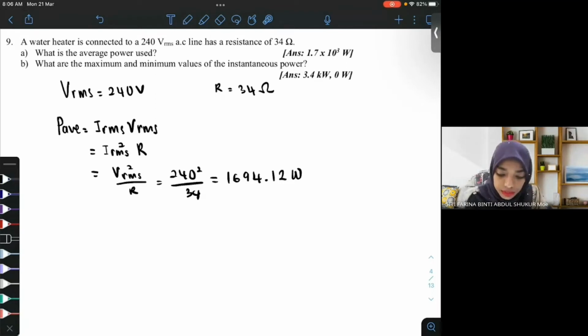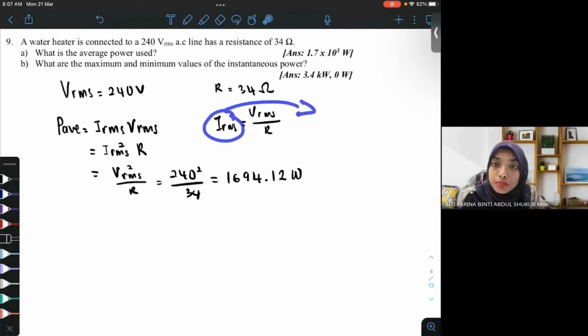Above, they actually rounded it off to 1700 watt. But I encourage you to use the answer you get from the calculator, because when we round off we get this one. Or this could be because they used a different equation. For power, the answer will vary slightly due to the equation used, because when you find I here, you use I RMS equals V RMS over R, and the answer you get for your I depends on how many decimal places we take. So that could lead to the answer varying slightly.